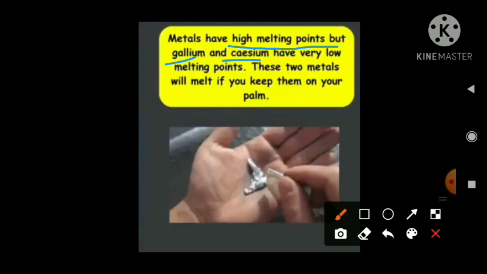Our body temperature is 37 degrees Celsius, and gallium and cesium melt very easily. So this is also an exception to high melting points. Gallium is a very poor conductor among metals, but cesium is a very good conductor. It is also very reactive.